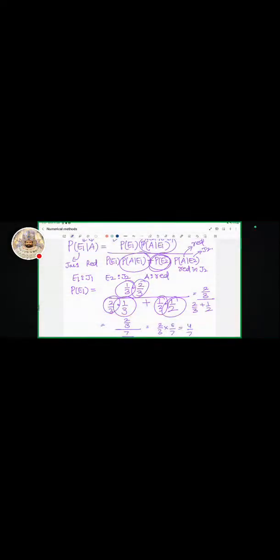Yes, is everyone satisfied with this Bayes theorem? Everyone understood how to solve the questions with Bayes theorem? Yes. So this will be your homework.